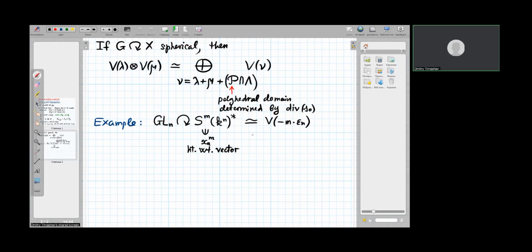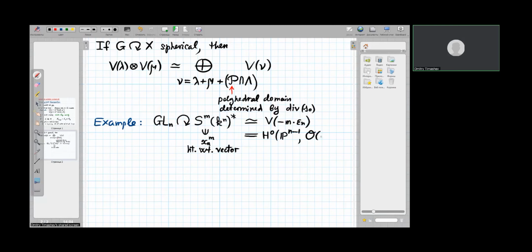This space is identified with a space of global sections of a line bundle over the projective space of dimension n-1, which is just the projectivization of this vector space k to the n, the line bundle of degree m.